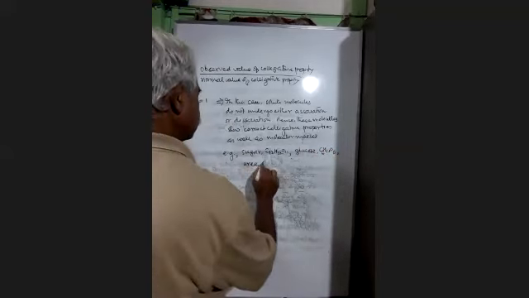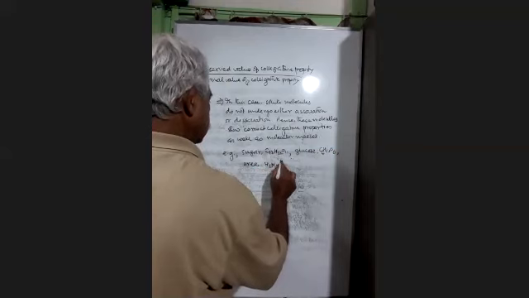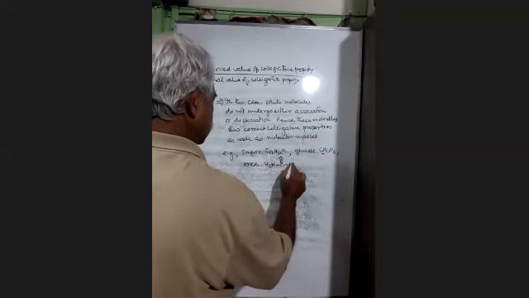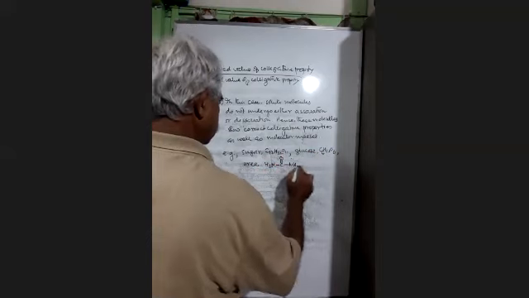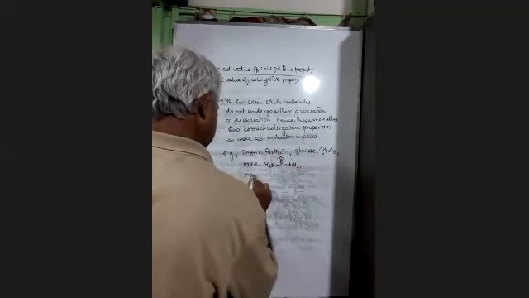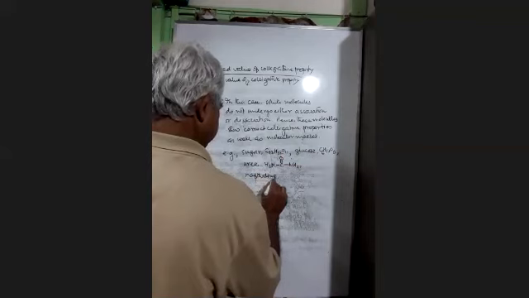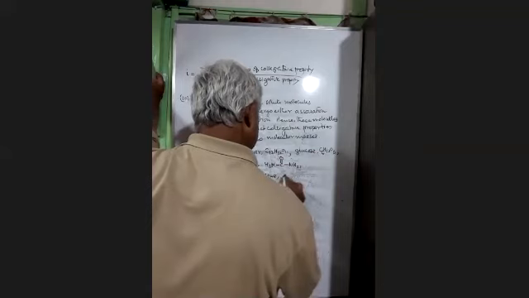Urea NH2 CO NH2. Naphthalene. Okay, what is naphthalene? C10H8. So you'll get correct values.